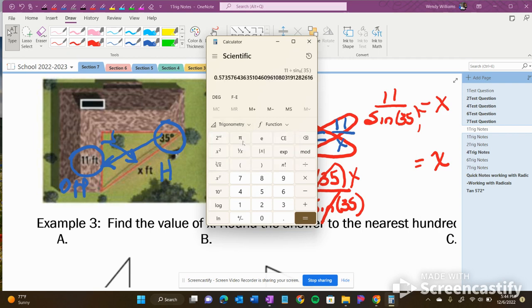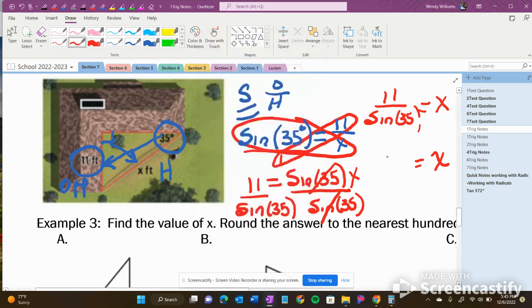That is sine of 35 degrees. But it's not until you hit the equal sign does the magic happen. And we get 19.17 or 19.2. And that's the hypotenuse, right? So it makes sense that the hypotenuse is longer than the side 11. And that's it.